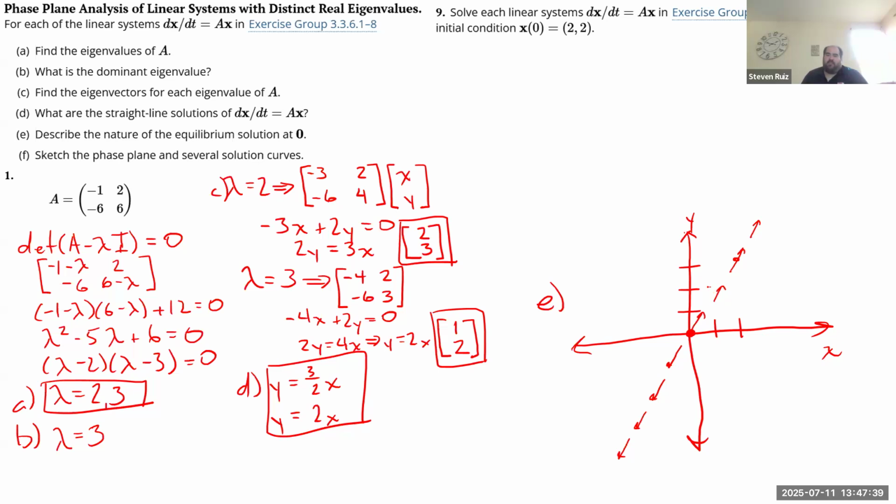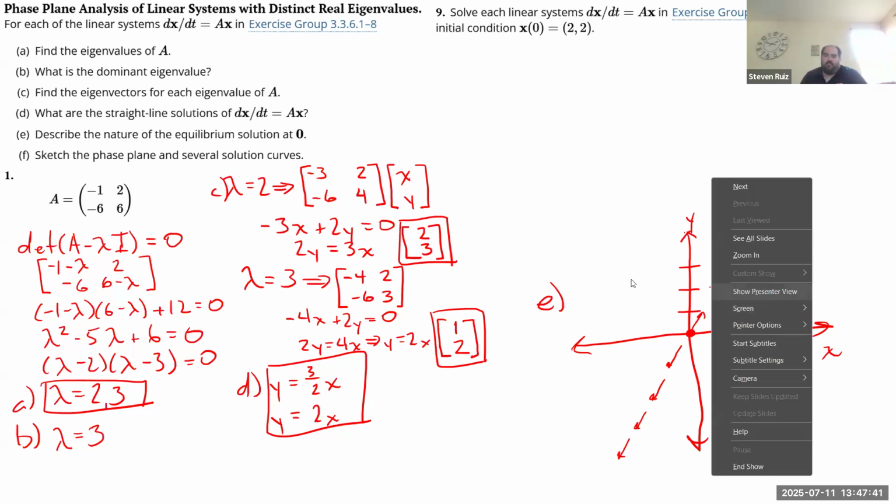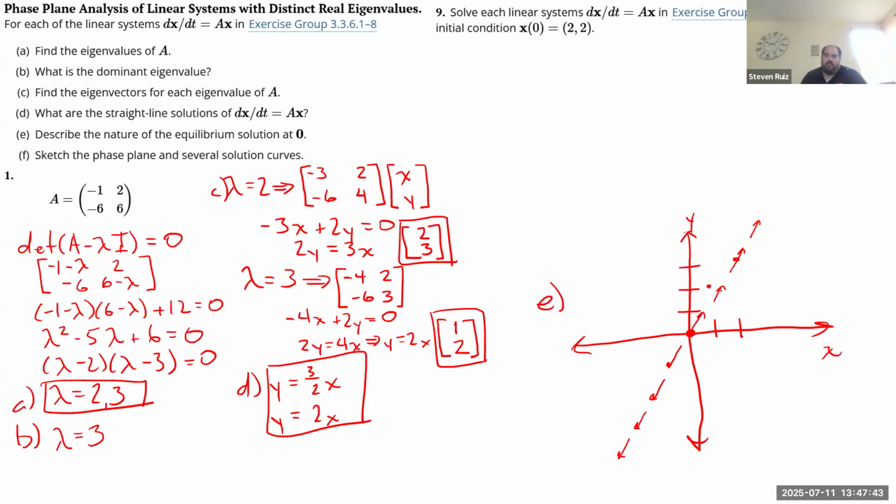So up 2 over 1 is going to be very similar looking. So what are these slopes going to do? See, these vectors are also going to trend away.